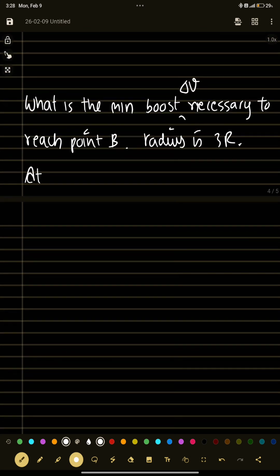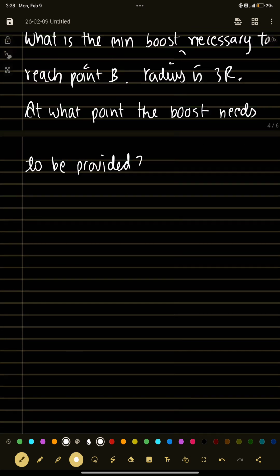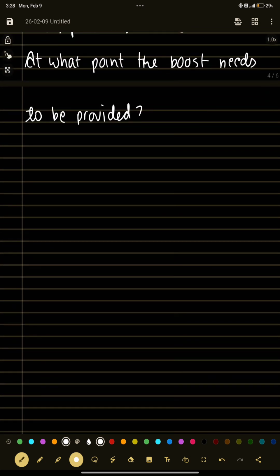At what point in the original circular orbit should this increment be provided?